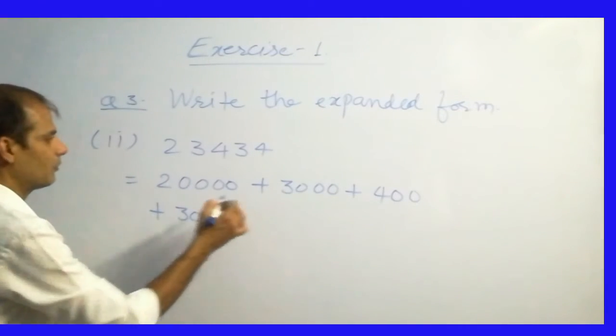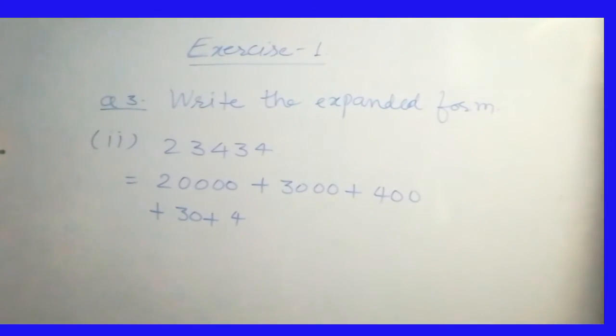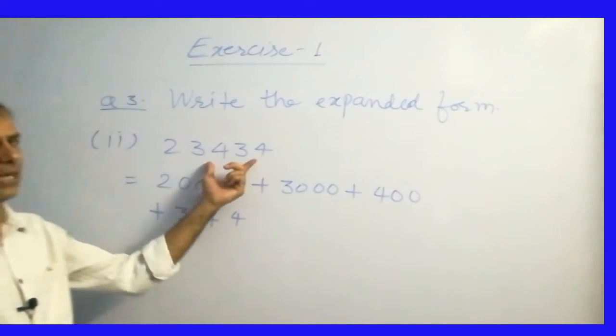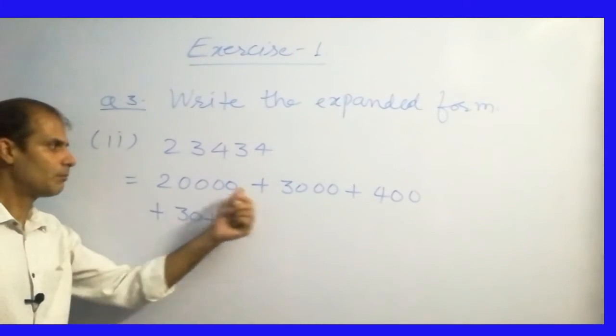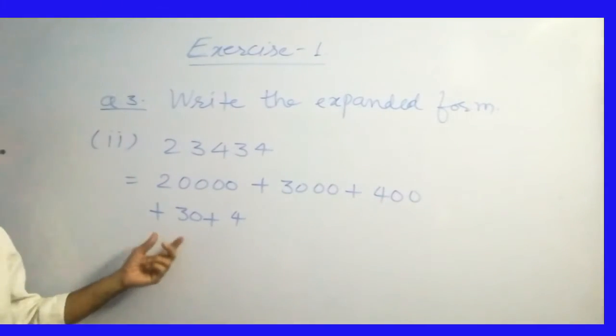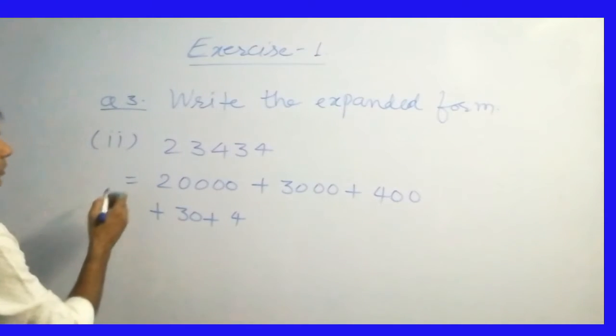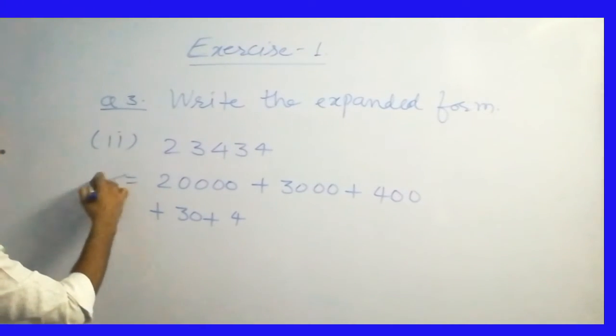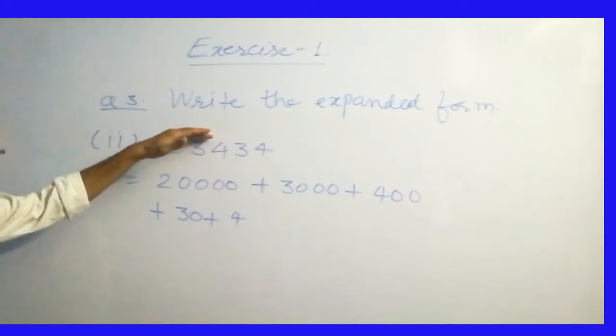So we will write 4. It means 23,434 can be written as 20,000 plus 3,000 plus 400 plus 30 plus 4. So this is the expanded form of this number.